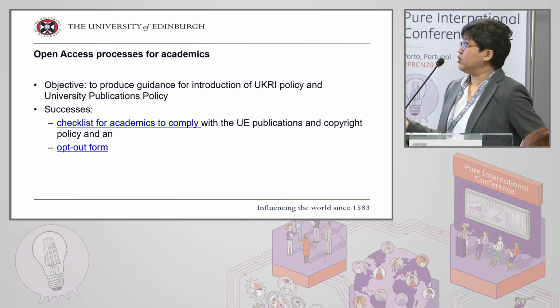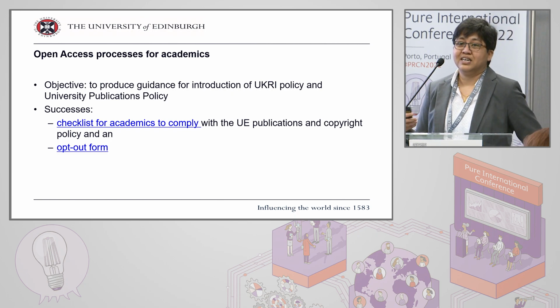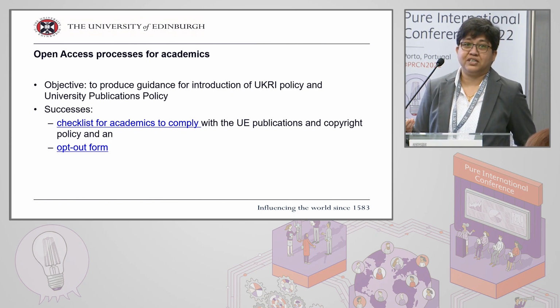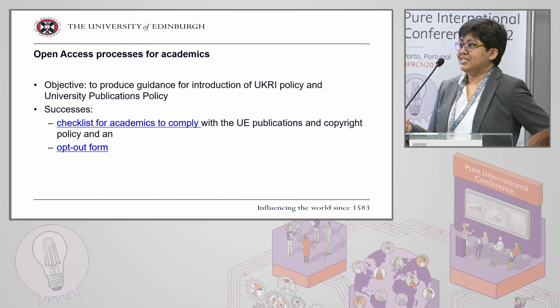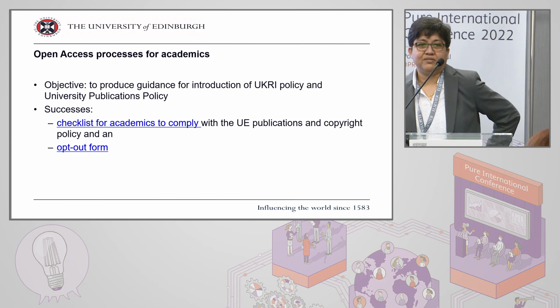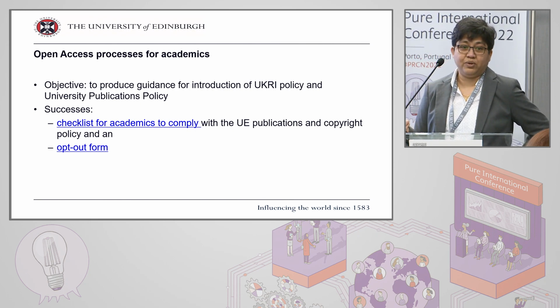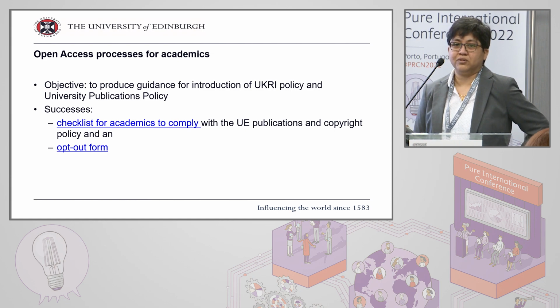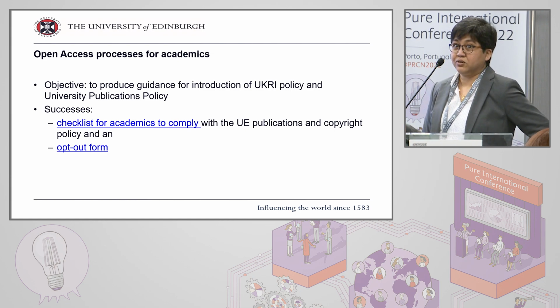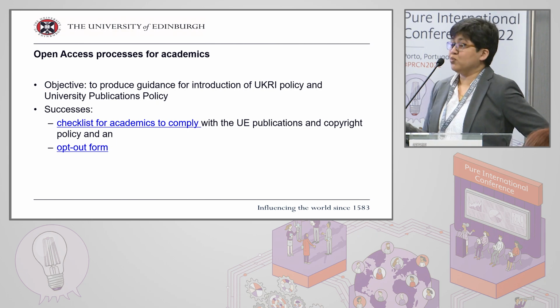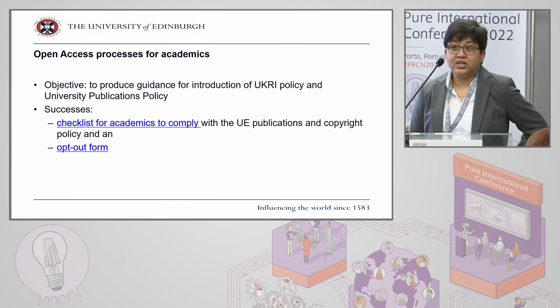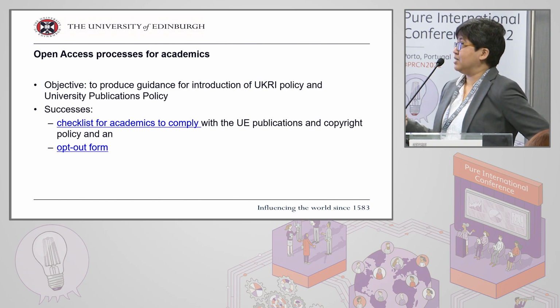So the first was the open access process for academics. Some of you may know that University of Edinburgh launched our new university publications policy recently, where we are stating that the university owns the right on the manuscripts, and we have the right to make the manuscripts available open access on publication. So with this approach, we needed to develop processes to support this, especially for academics.